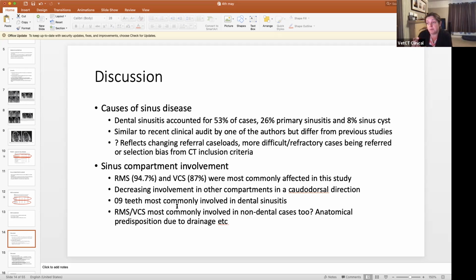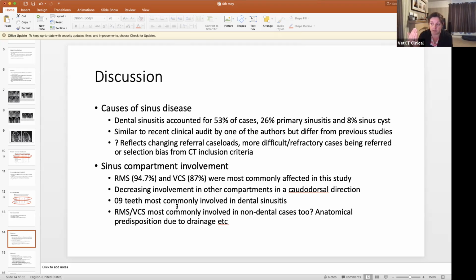When they talk about sinus compartment involvement, rostral maxillary and ventral conchal sinuses were most commonly affected in this study. Again, that could be a consequence of the more challenging cases being selected for treatment at referral centres, because those are the compartments that often aren't accessed in first opinion practice. There's decreasing involvement of other compartments in a caudodorsal direction.